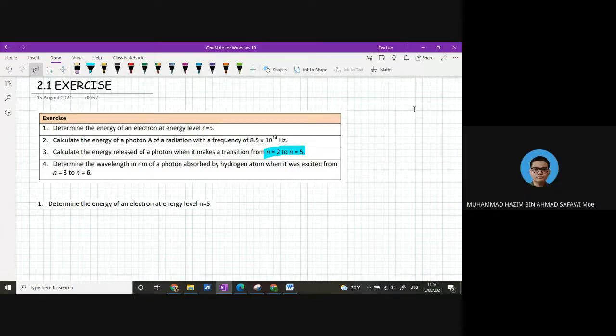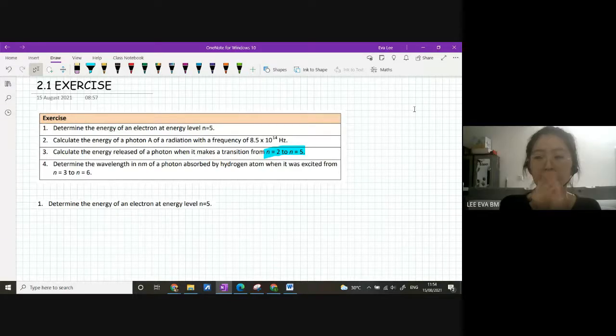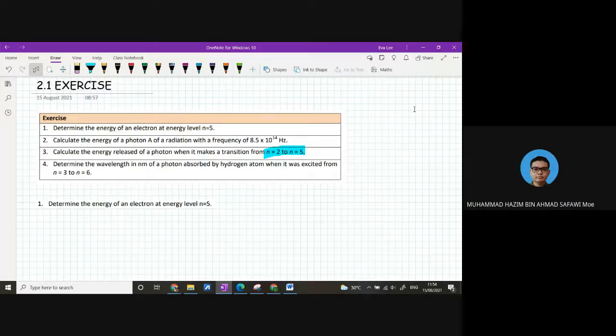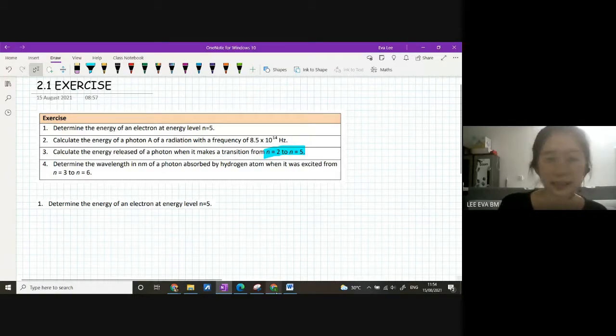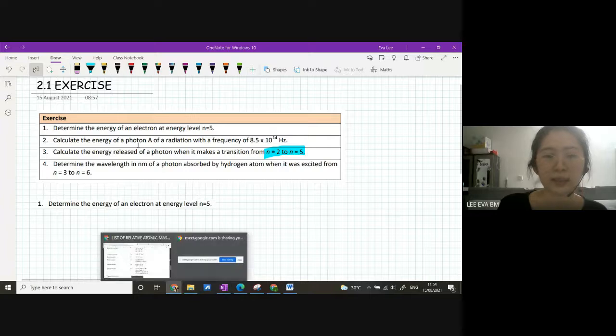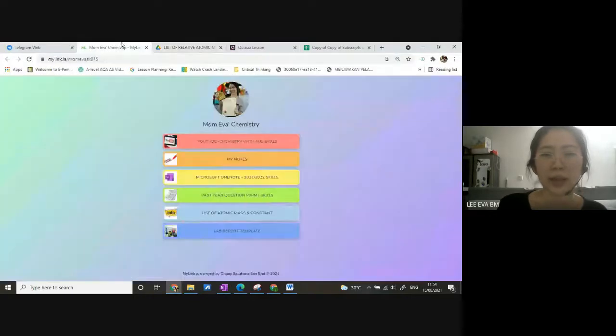Madam, yang ni notes ni dapat dari mana? Sebab saya punya macam lain daripada yang madam tunjuk ni. Daripada my link? Sebab saya punya macam beza lah. Ke yang ni yang lama punya? Tak, sama je. Yang lain dapat tak? Madam access daripada sini, my note.